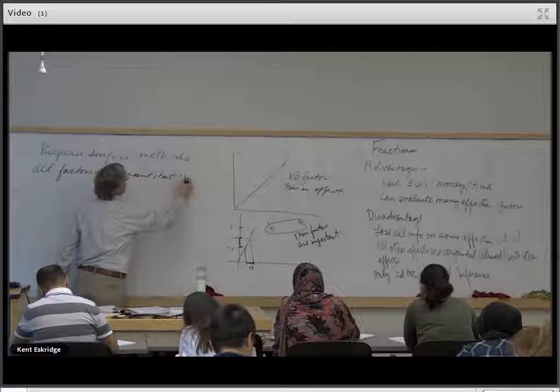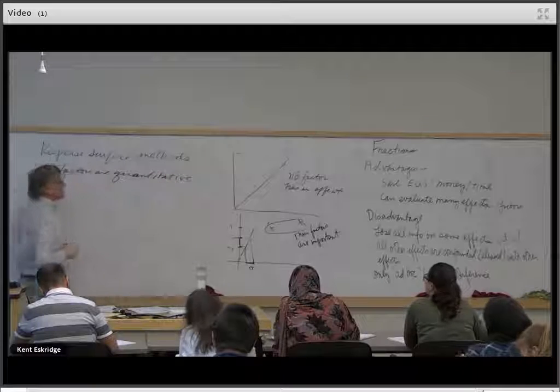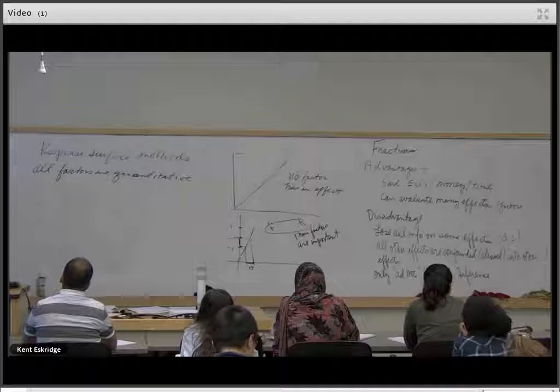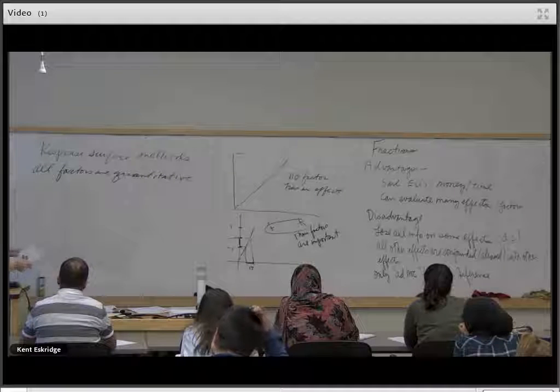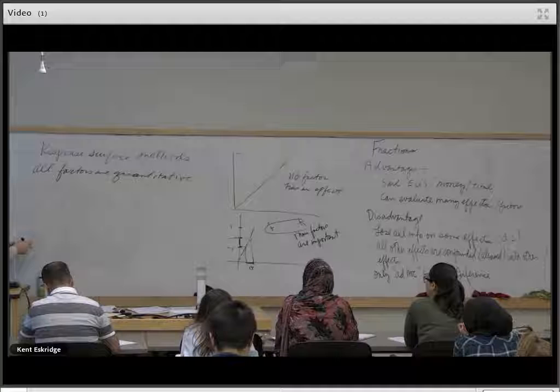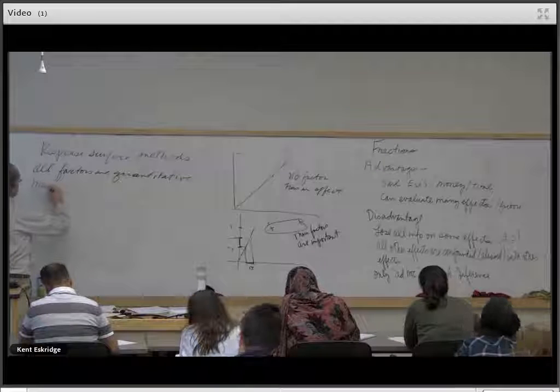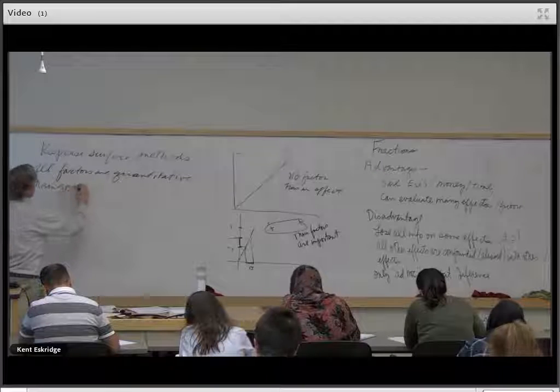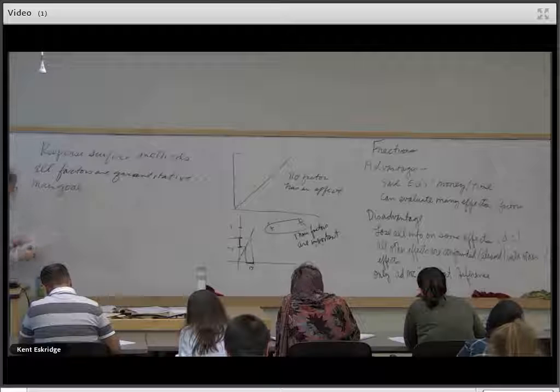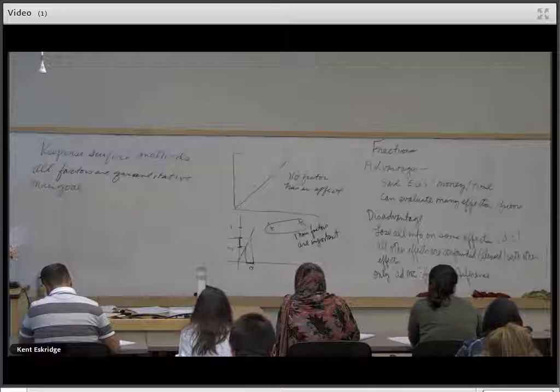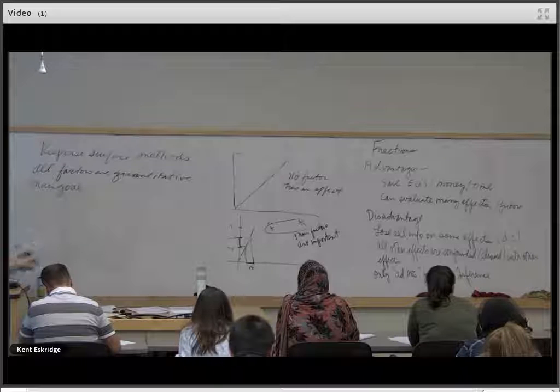This is the first thing. You can't use standard response surface methods unless all your factors are quantitative. And the main goal with these things, generally, not always, but the main goal is to determine the levels of each factor that will optimize some response.